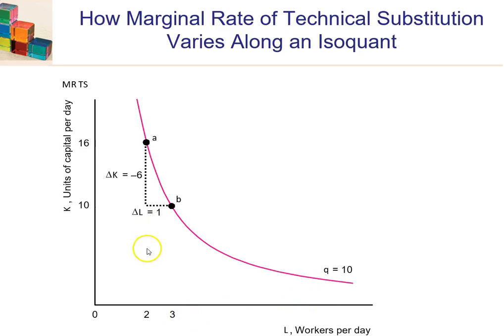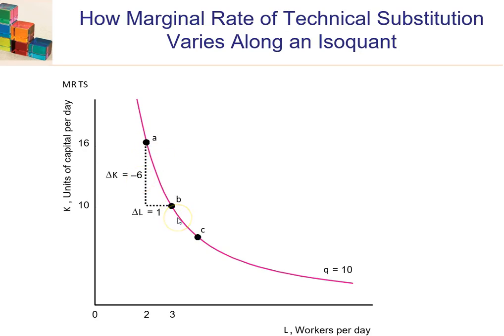Okay? So getting an additional worker, you had 2, now you have 3 workers, giving up 6 machines, a reduction of 6 in K, you're still on the same isoquant. What this means is 1 worker is as productive as 6 machines. So your marginal product of labor is 6 times the marginal product of capital at point A.